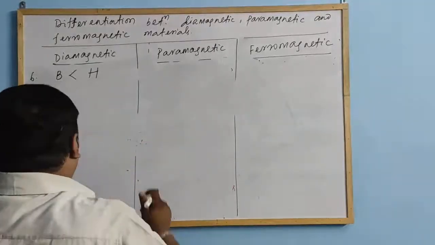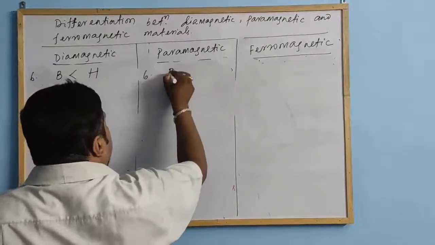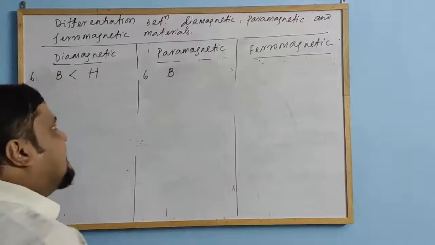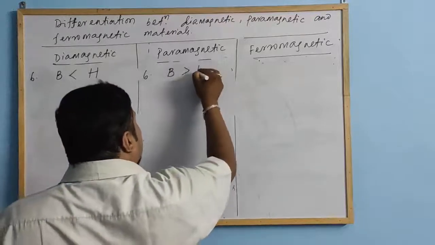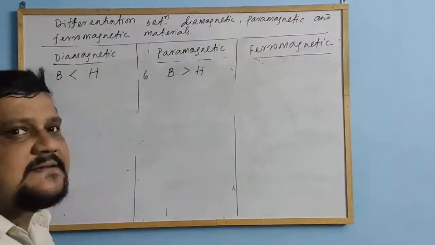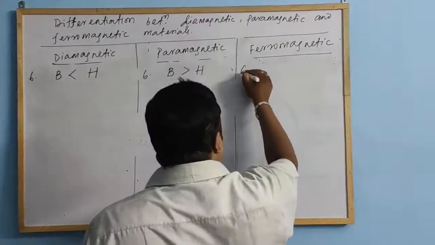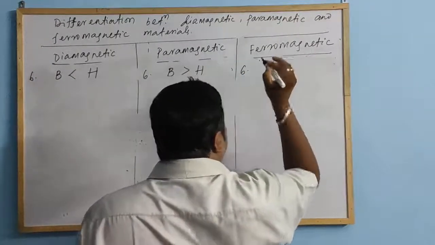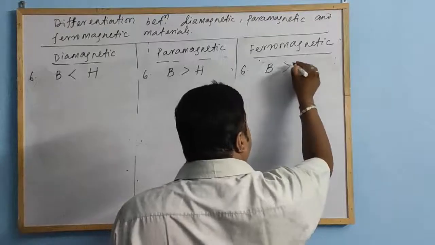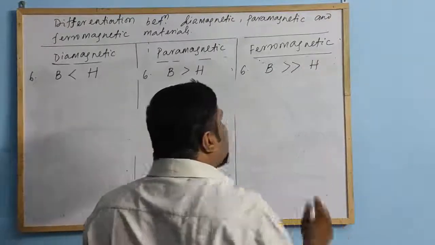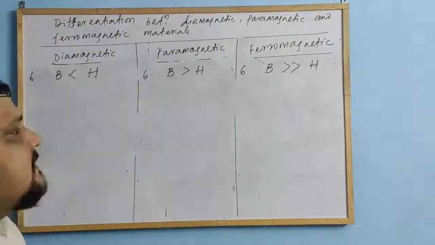In case of para, the magnetic flux density is greater than the intensity of magnetizing field. In case of ferro, the magnetic flux density is very much greater than the intensity of magnetizing field.